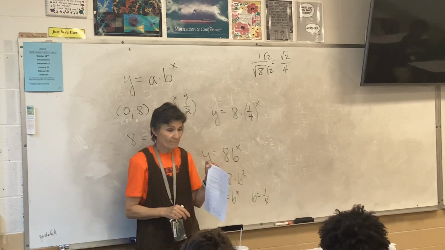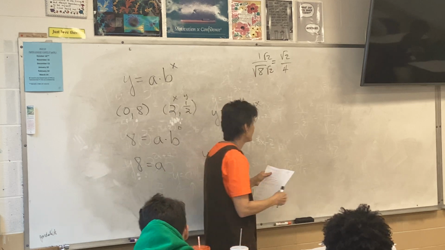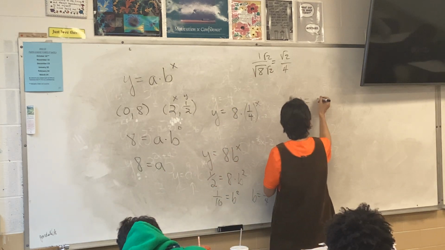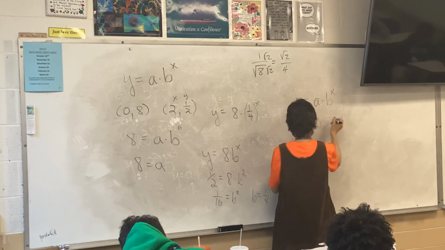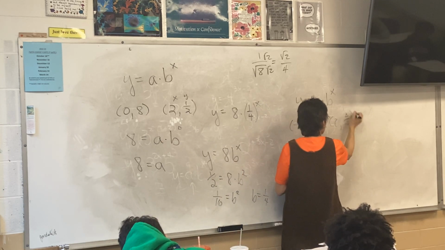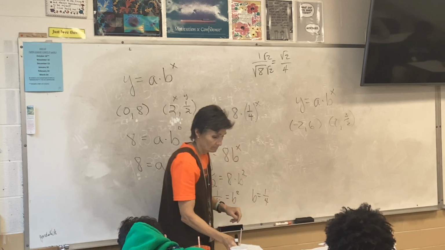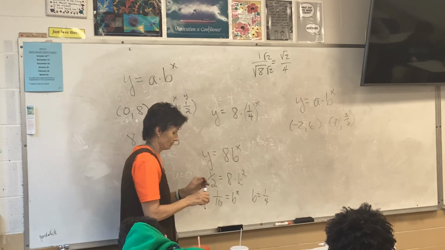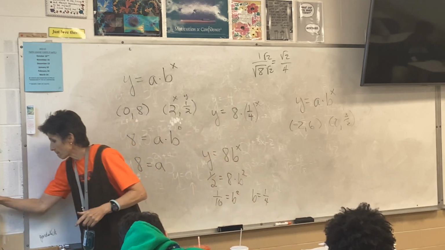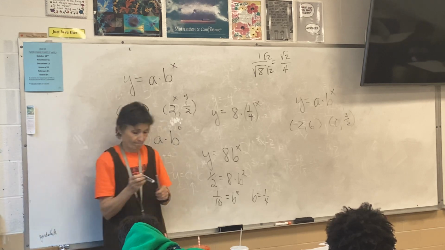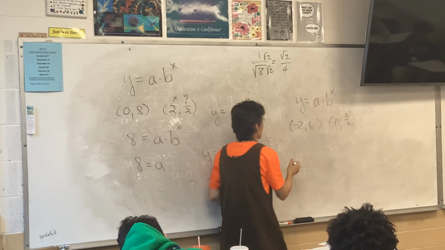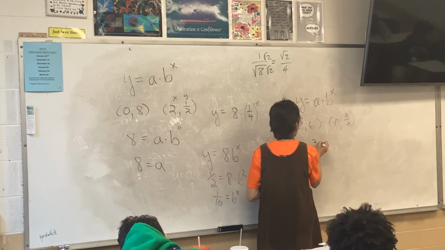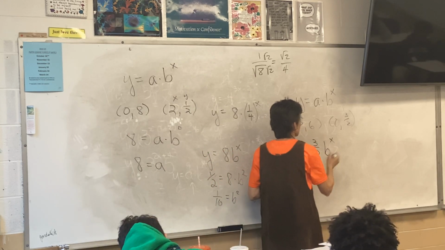All right, try B. This is on page 35 at the very top. Try it on your own. You're doing exactly the same thing, only your points are -2, 6 and 0, 3/2. How many of you went straight to this?